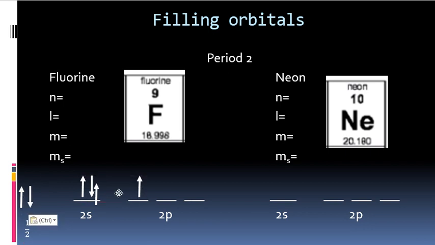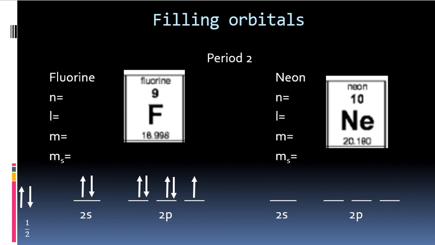Then, once each subshell is filled, only then will we start pairing up electrons. So, if fluorine has 7 valence electrons and we have just used 5, and each 2p subshell is filled, now we can start pairing off those remaining electrons. Therefore, representing those electrons in their shell notation would be like so for fluorine.